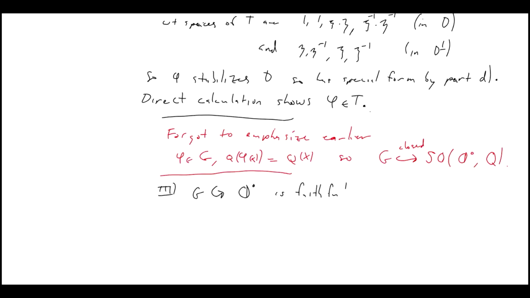So the elements of G are just automorphisms of O. And so they fix one. And if they also fix the trace zero elements, then they have to fix everything. So they're the identity.